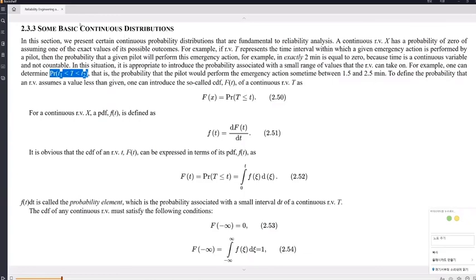To describe this type of distribution for continuous random variables, we are going to first define the CDF, and then define the PDF. PDF is the probability density function.